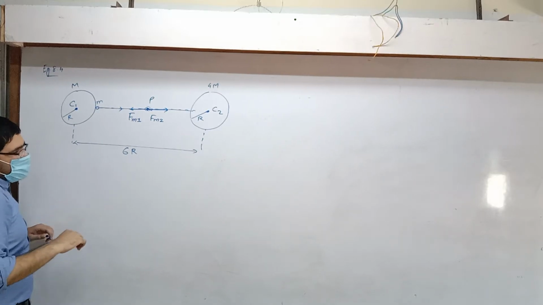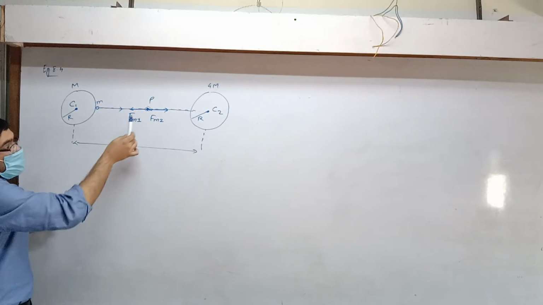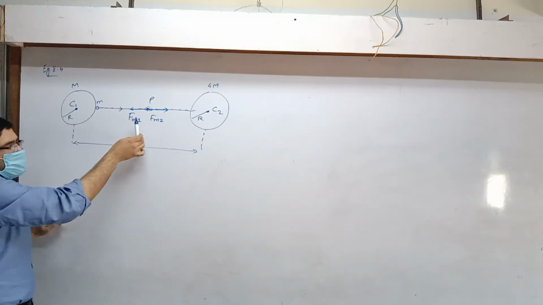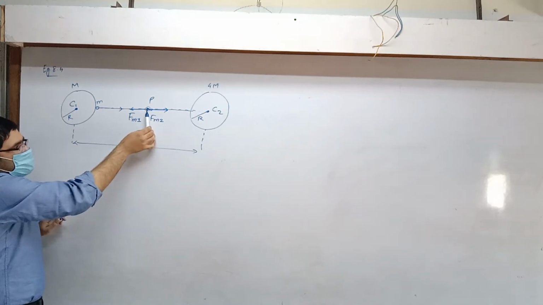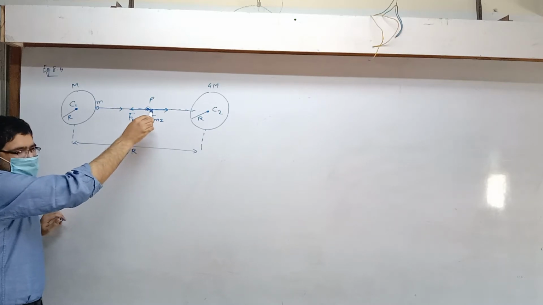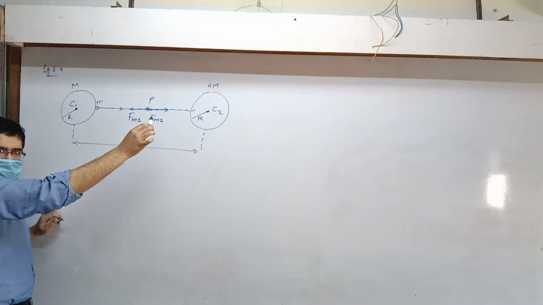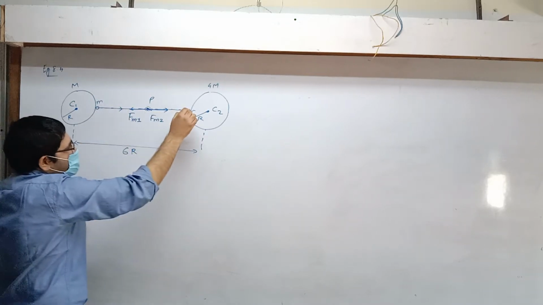Do you remember that question where we found the equilibrium point between two spheres? I think the last question in the exercise. So if it goes slightly to the right side, it will get attracted towards that. Understood? So we don't need to send it all the way to this point B.